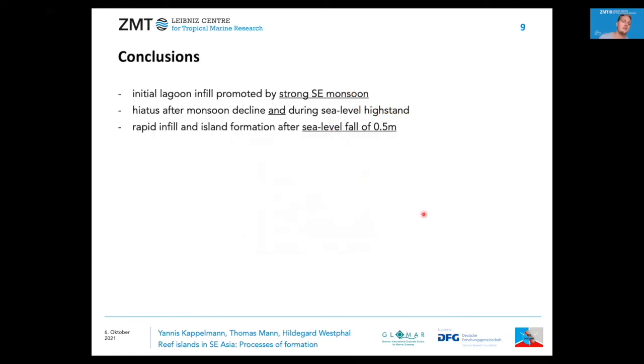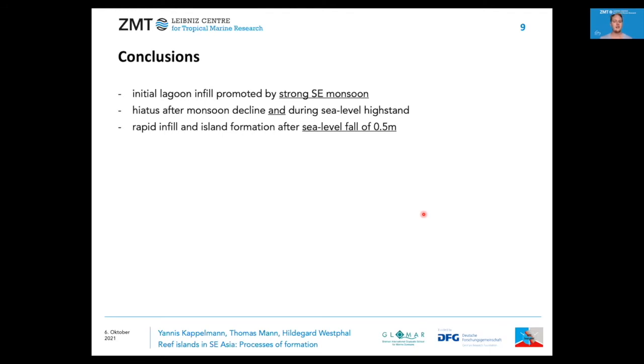So just some conclusions here. We see that the initial lagoon infill was promoted by a stronger southeast monsoon from the early to mid Holocene. We have observed a hiatus, which apparently falls into a time frame from which we know that the monsoon energy has declined and that there has been a sea level high stand.